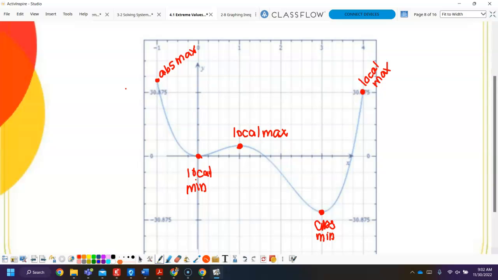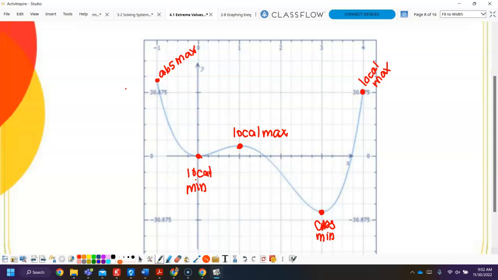So again, absolute max at x equals -1, local min at x equals 0, local max at x equals 1, absolute min at x equals 3, and a local max at x equals 4. When you don't really know your y values, you can identify them by their x's.